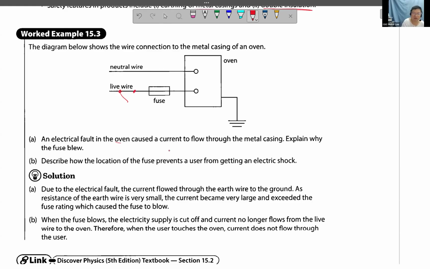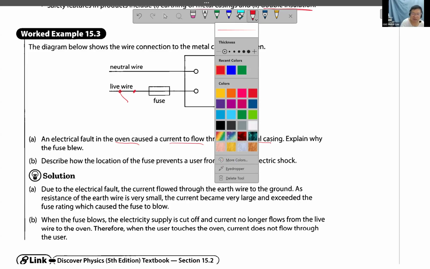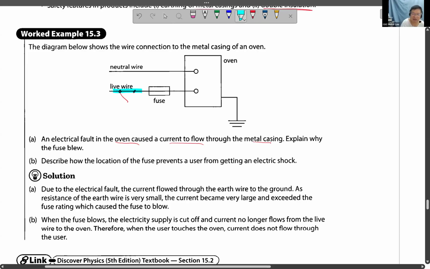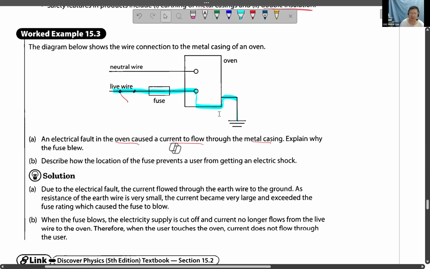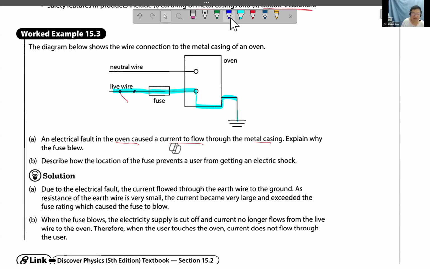So an electrical fault in the oven causes current to flow through the casing. Explain why the fuse blows. Look carefully, when current flows like this, in, and then flows to the casing, out, like that. Why is the fuse blown? The whole idea is, during an electrical fault, the current flows through the earth wire to the ground.